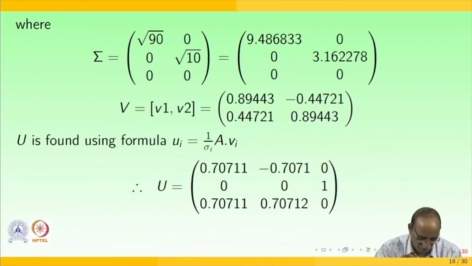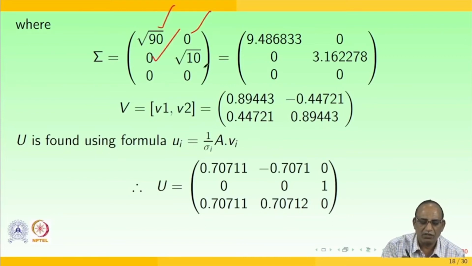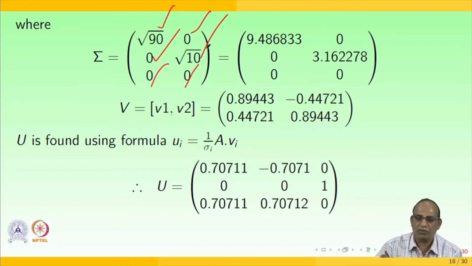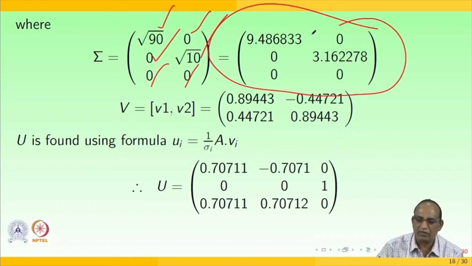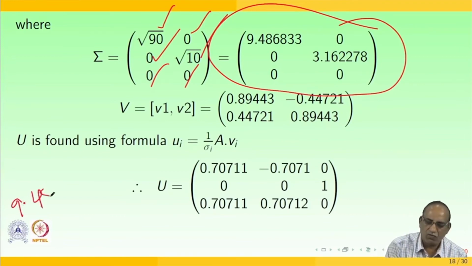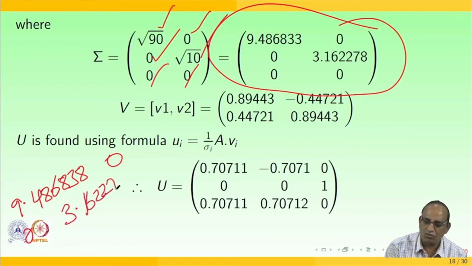And here sigma is nothing but square root of 90, 0, 0 and square root of 10, 0, 0. So it turns out to be this matrix 9.486838, 0, 0, 3.162278, 0, 0.